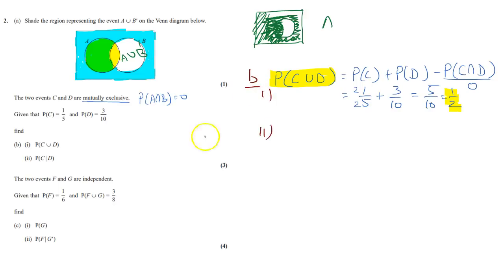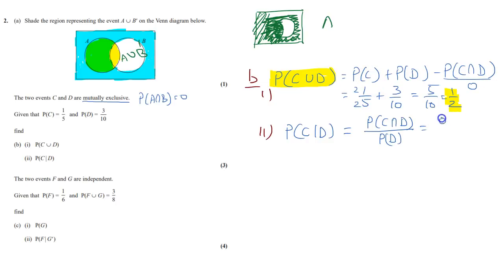Second part, probability. So the probability of C given D, we know the formula is probability of C intersection D divided by probability of D. And because it's mutually exclusive, the intersection is 0.